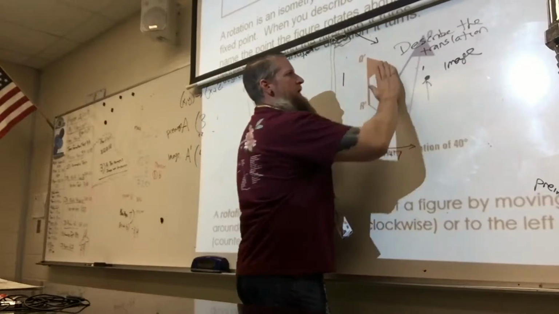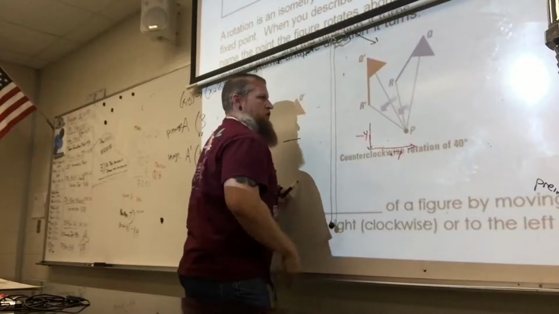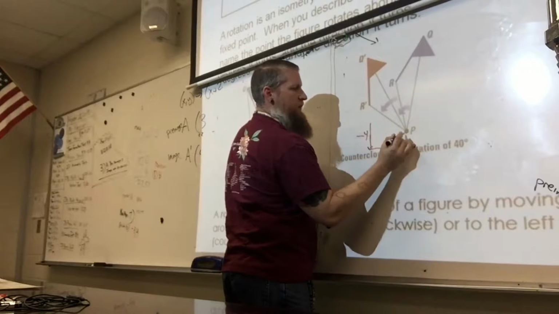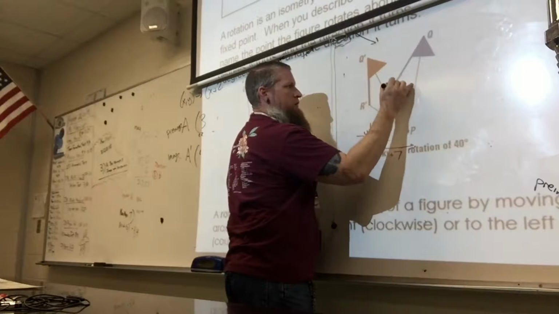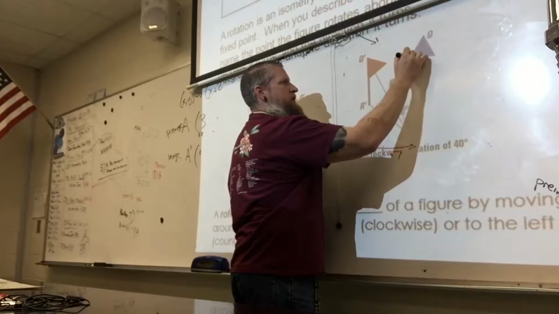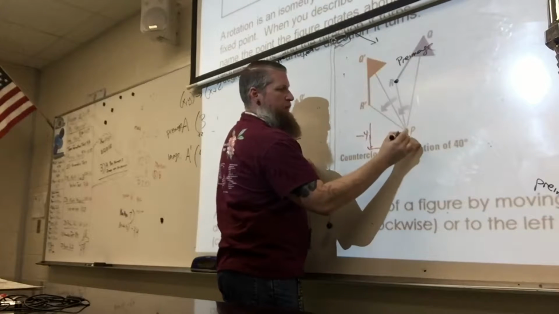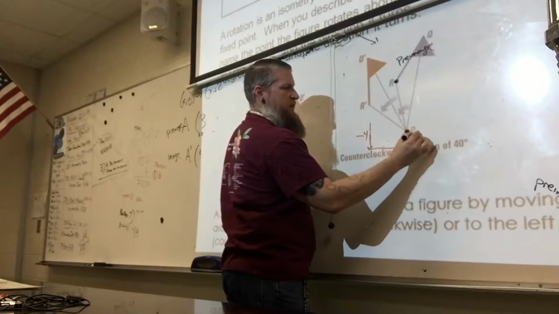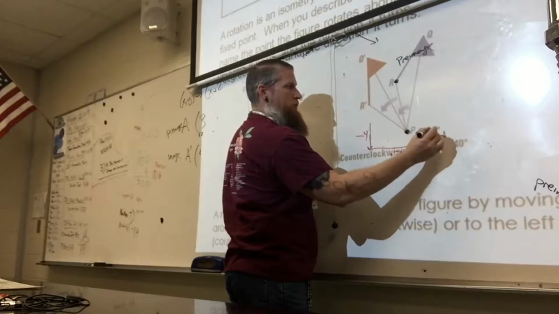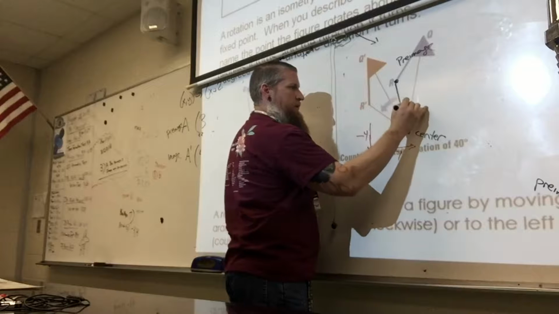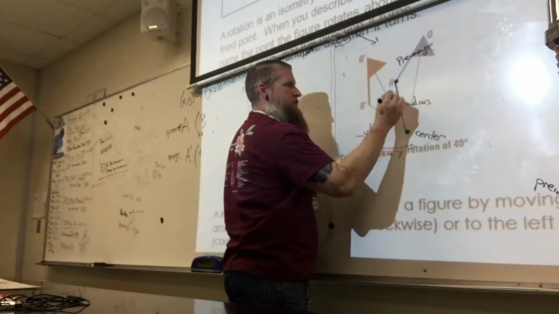is moving around a specific circle. So like if I looked at this point R, which again this would be your pre-image, right, because there's no little prime marks with it. If I was rotating it around this point, I'm saying this is like the center of a circle. That's a radius of a circle.